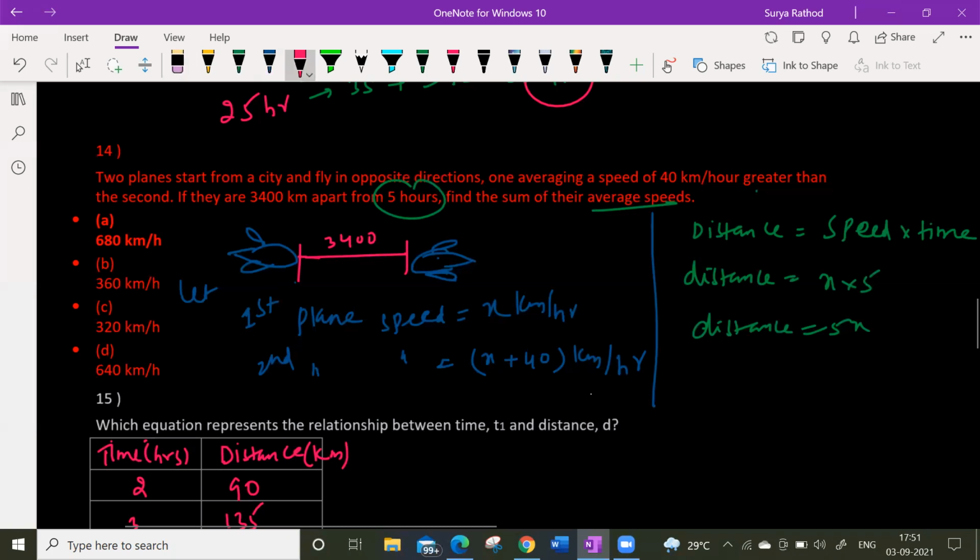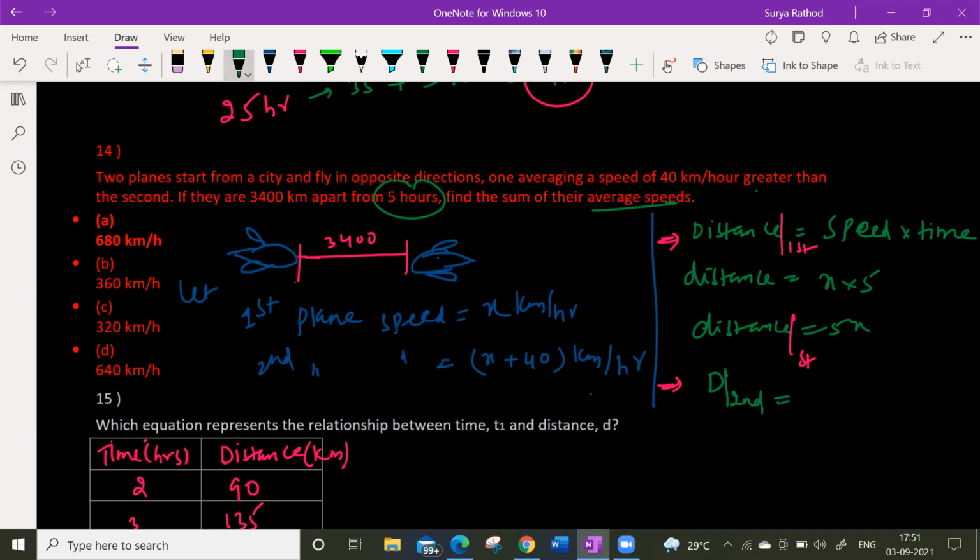Now let us find the distance of the second flight.